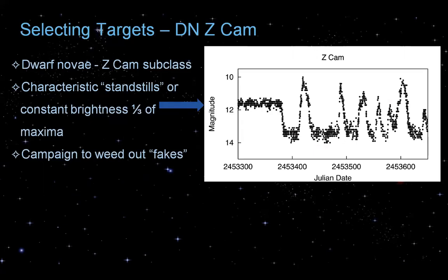So that's why it's important to study these stars. Now, some Z-Cam stars have been incorrectly classified over the years, and the AAVSO has a campaign and a project to weed out what they call imposters. So maybe something you would like to join as well.